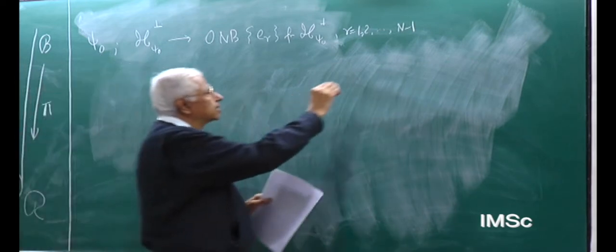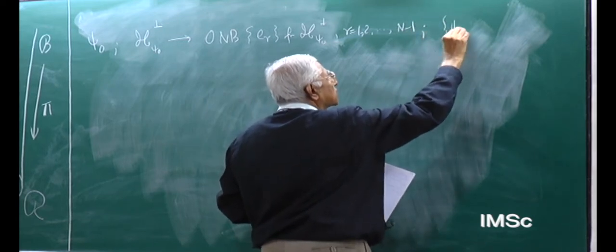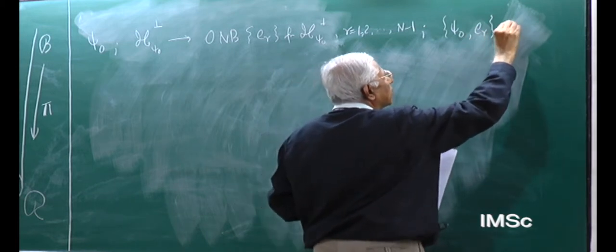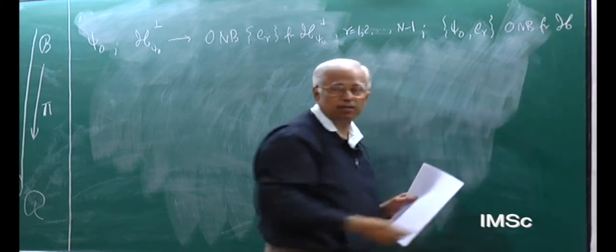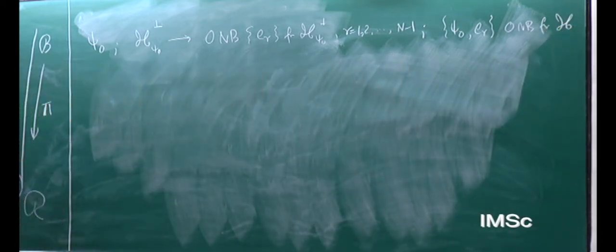In that case, you can say psi 0 along with these e's is an orthonormal basis for the full Hilbert space, obviously, right? You take psi 0, which is a unit vector, and then you have an orthonormal basis for the orthogonal complement of psi 0. Now we are home.